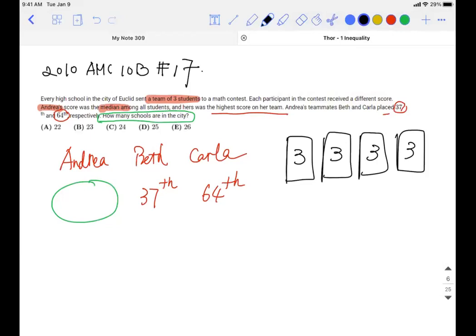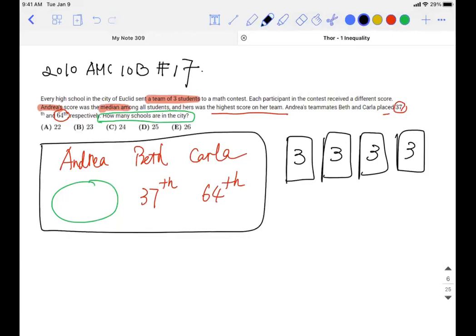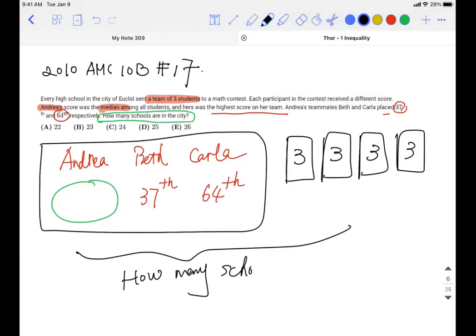For Andrea's team, because they have 3, she has another 2 teammates. One is Beth, 37th. One is Carla, 64th. And Andrea's place is the best score in her team. And the question asks how many schools?